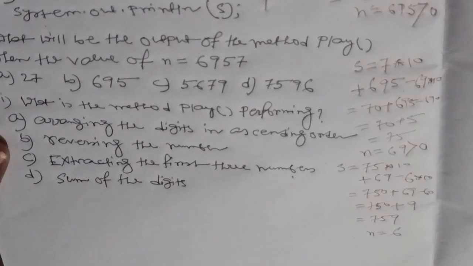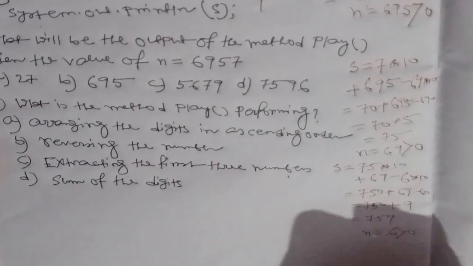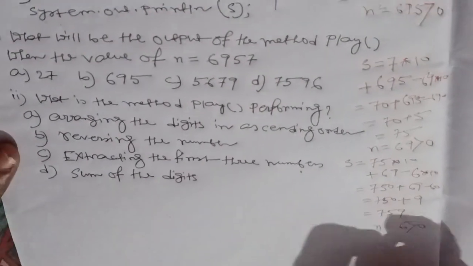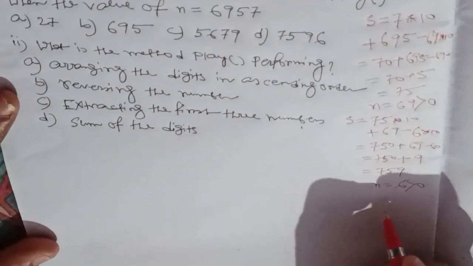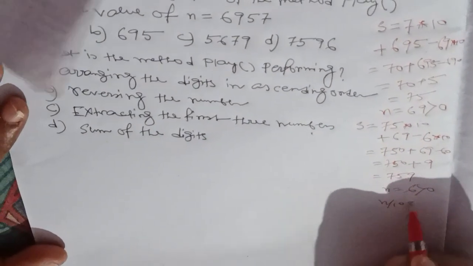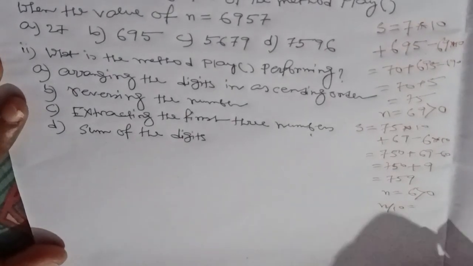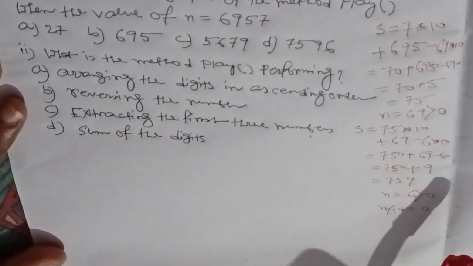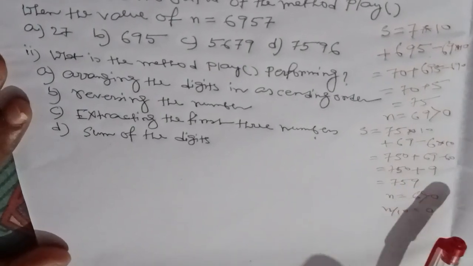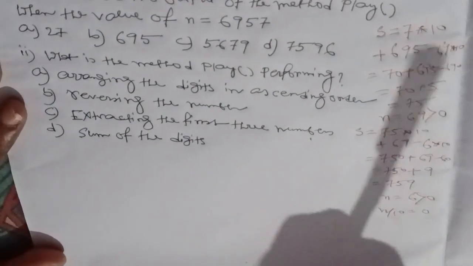So 6 is greater than 0. By dividing 6 by 10, we will get quotient, n by 10, will get 0 and remainder 6.